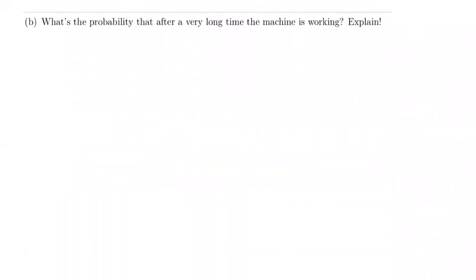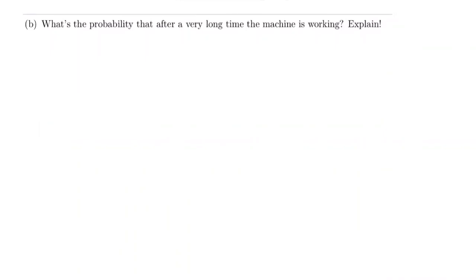Okay. On to part B. What is the probability that after a very long time the machine is working? Very long time. This is like a limit or a long run proportion of time that we are in the working state.